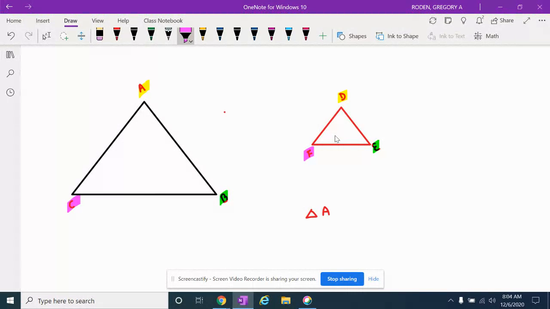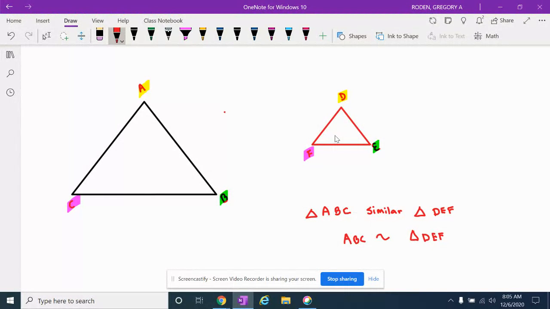If I go yellow, green, purple, I need to do yellow, green, purple on the other triangle. There's two ways I can say it. I can say it in words: triangle ABC is similar to triangle DEF. And we have a little symbol for that. In my class, we learned, this is just a little bit of a review, triangle ABC is similar to triangle DEF.